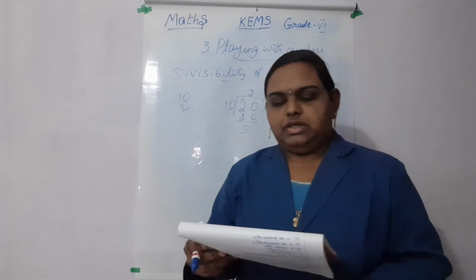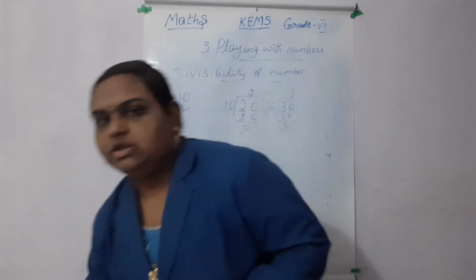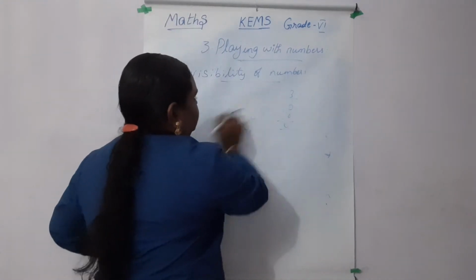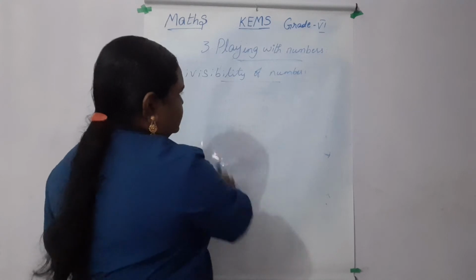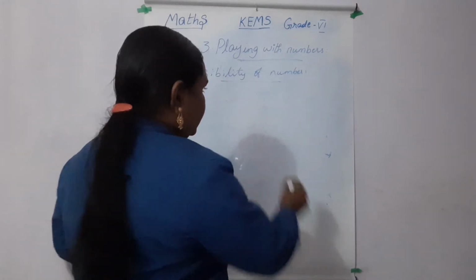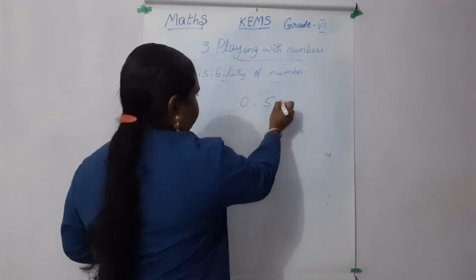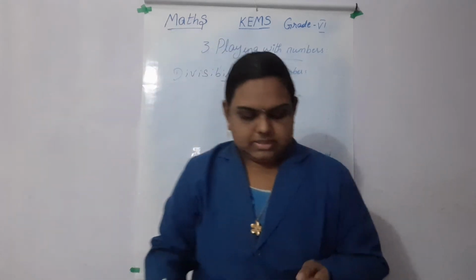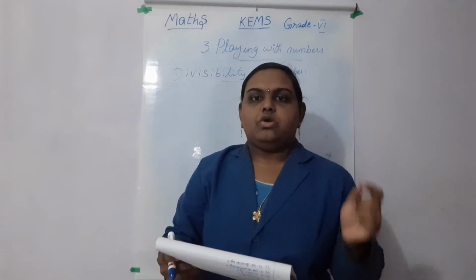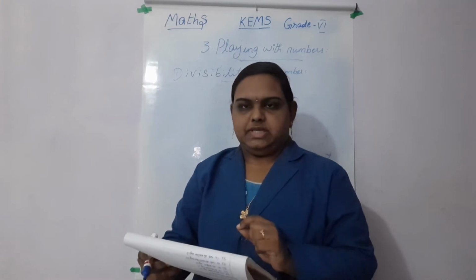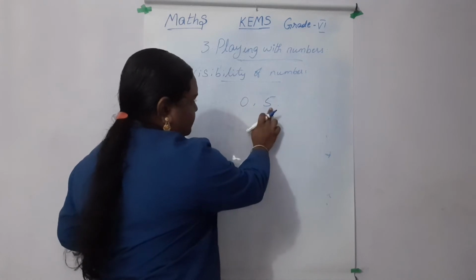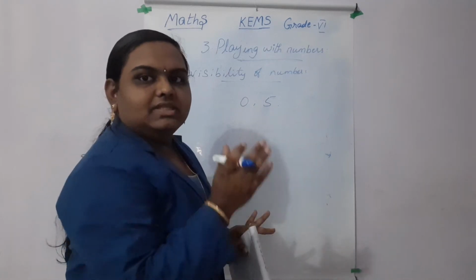Okay, a number which has either 0 or 5 in the ones place: if 0 is present, it can be divisible by 10. Listen carefully. A number which has either 0 or 5 in its ones place is divisible by 5.